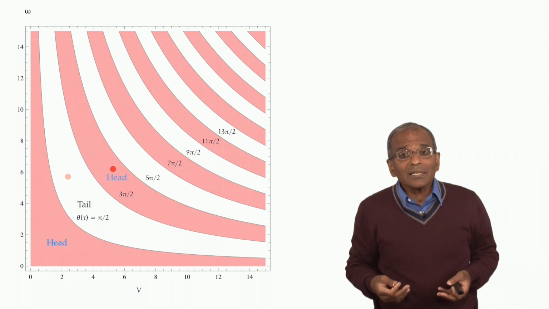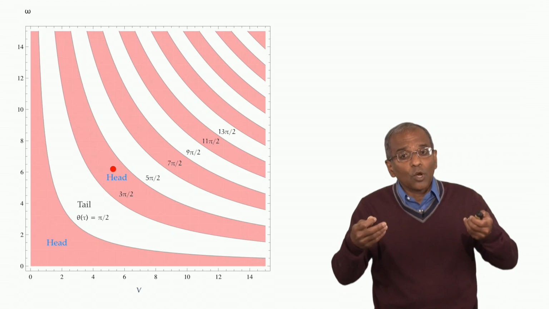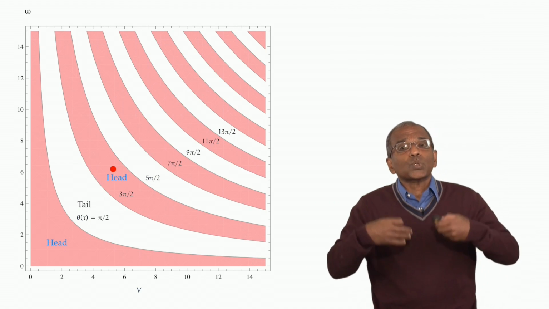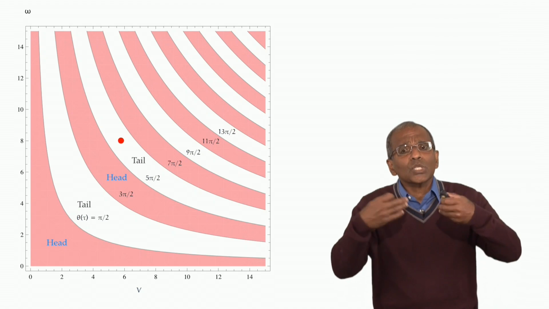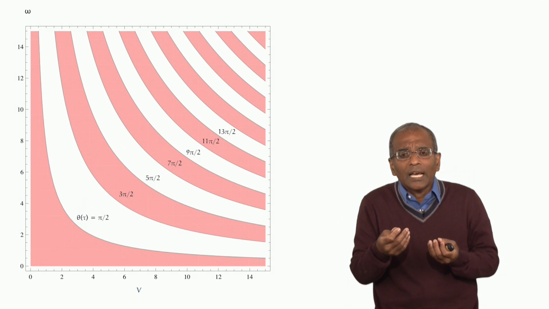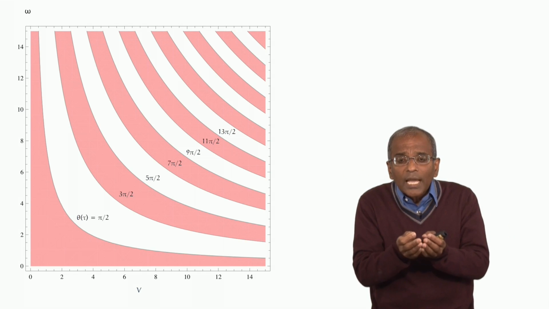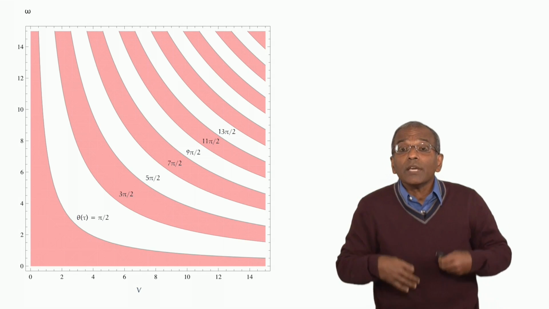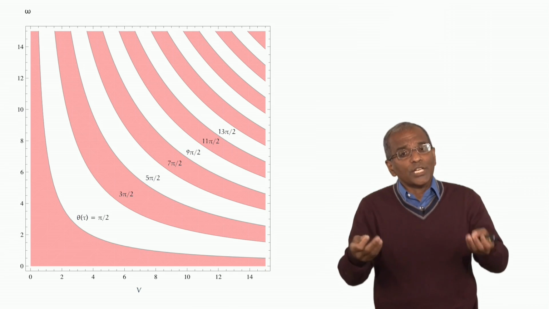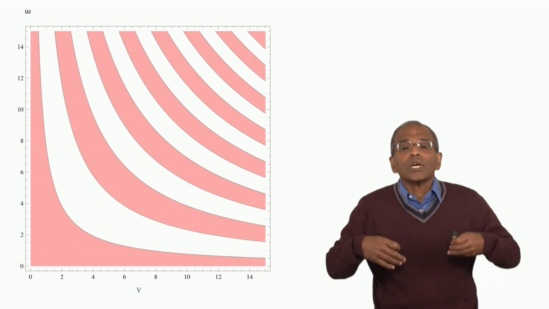The next band, these combinations of speed and angular velocity, will give you a head. And likewise, the next one will give you a tail, and so on and so forth. And therefore, the red shaded regions in the curve correspond to combinations of velocity and angular velocity which will give rise to a head when you catch the coin, and the unshaded regions in your picture will give you points which result in tails.